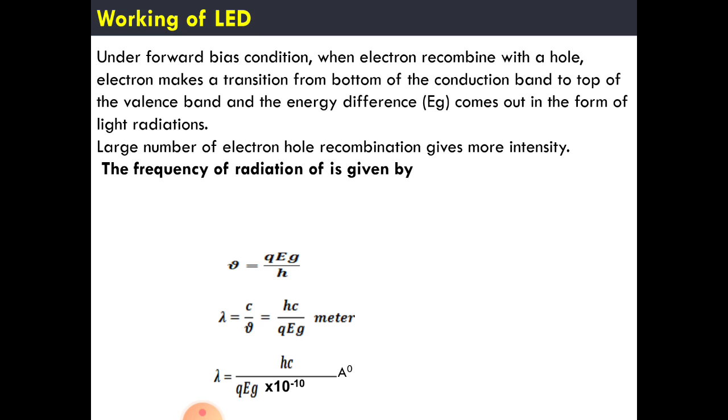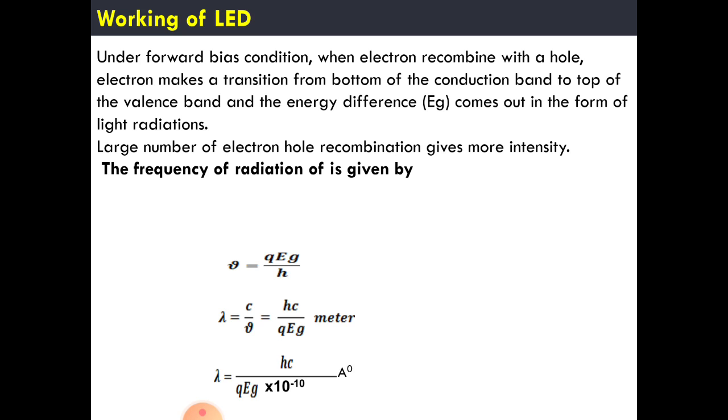The frequency of radiation is given by nu equals QEg upon h, where nu is the frequency of the radiation, Q is the charge of the charged particle, and Eg is the energy band gap or forbidden energy gap. From this we can calculate the wavelength of radiation, which equals c upon nu. Here c is the speed of light and nu is the frequency of radiation.